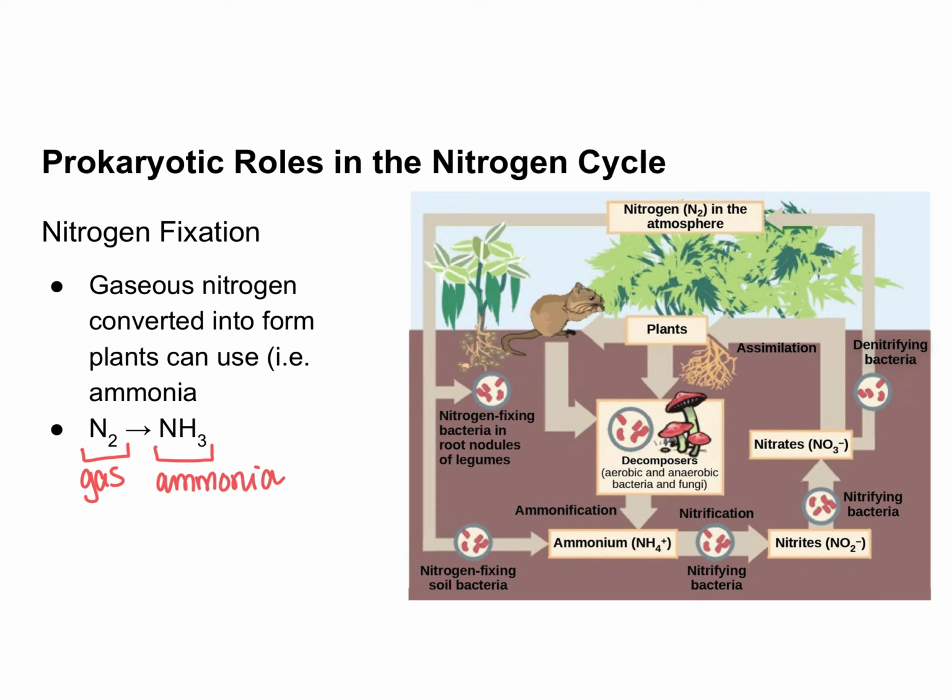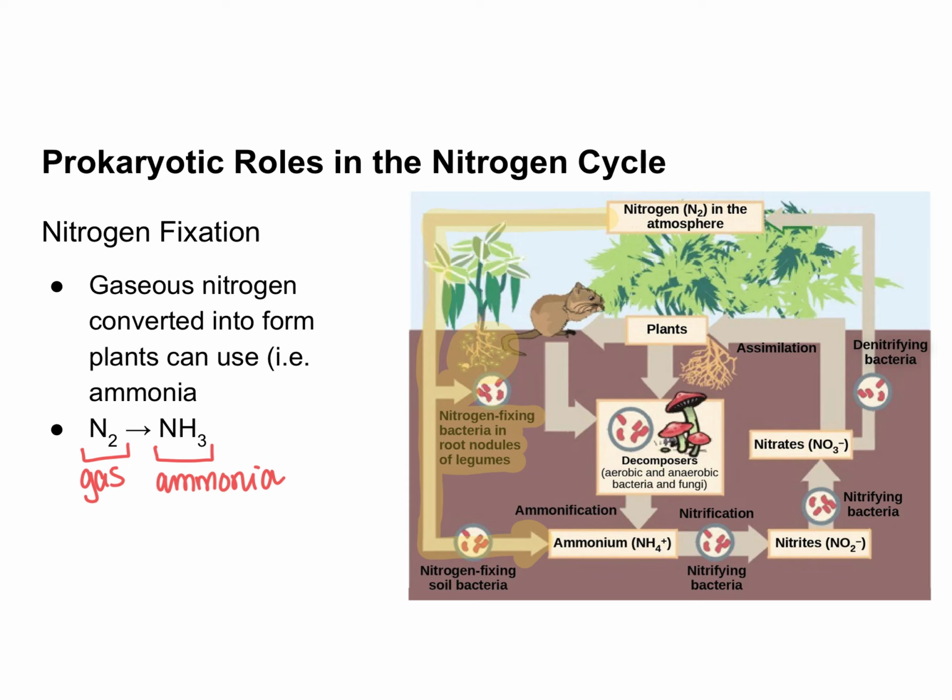And you can see that process happening here on this image in a couple of different places. So we have nitrogen fixing bacteria in root nodules of legumes. And so there are some bacteria that actually have a symbiotic relationship with the roots of plants, where they essentially hang out with the roots of plants and they help to convert this nitrogen gas into ammonia so the plant can use it.